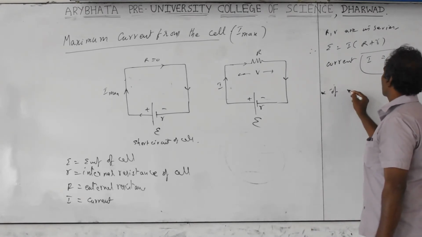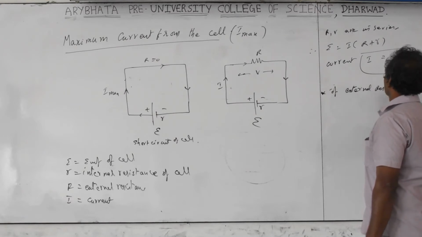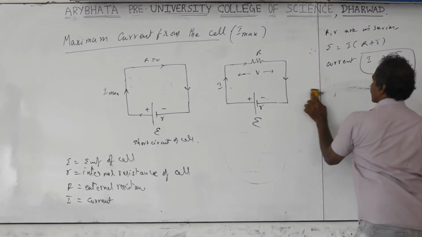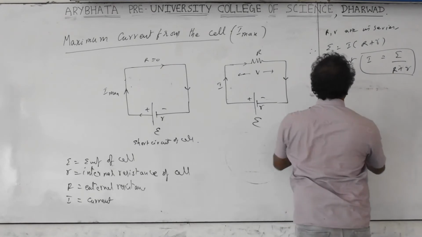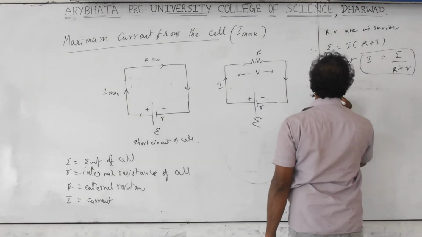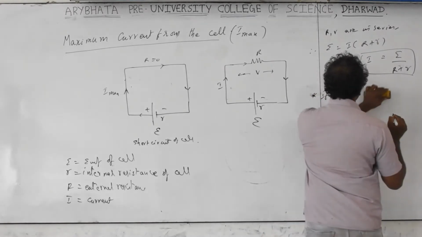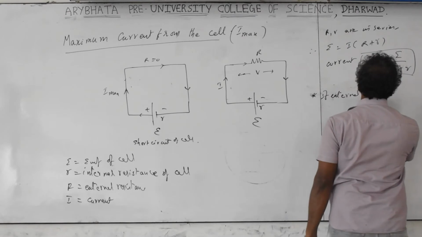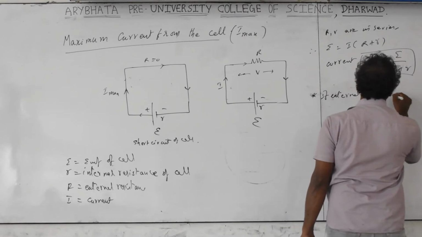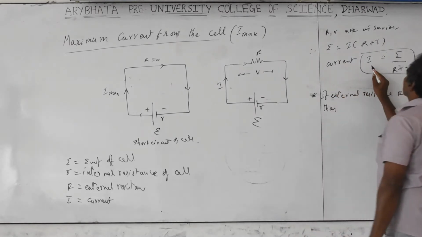If external resistance capital R equals 0, then I becomes, now the resistance decreases.